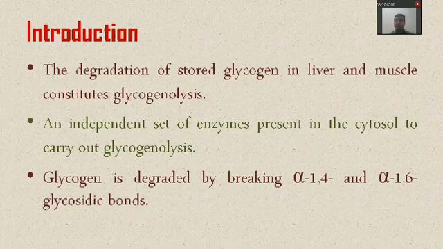When the parallel chain needs to form a branch, at that time there occurs formation of the alpha 1,6 glycosidic bond.